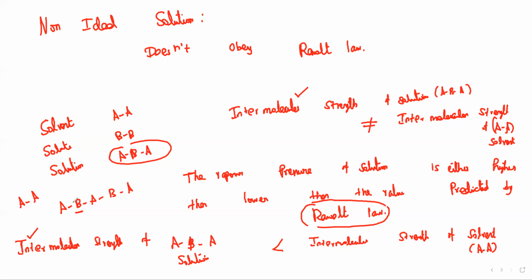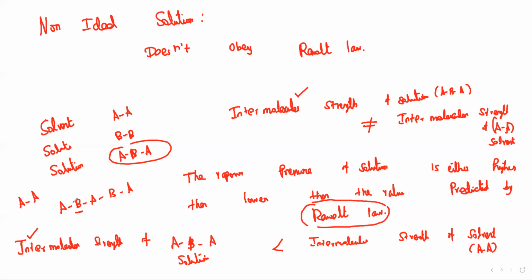So there is a chance of molecules escaping from the solution. If the molecules can't withstand the bond, they try to escape. If they try to escape, they should escape as a gas only, because once a molecule leaves the bond, it must be in the form of gas. So I'm adding a solute.